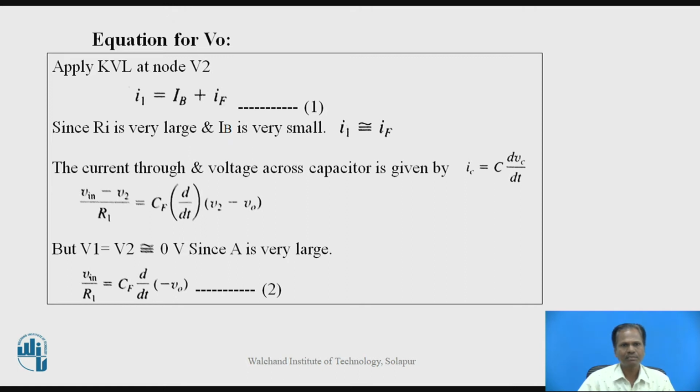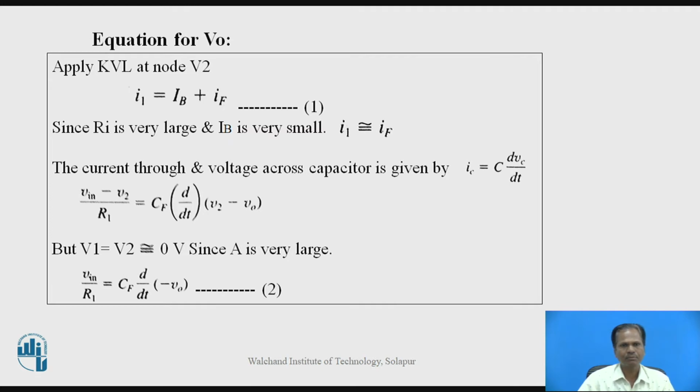Since input resistance of operational amplifier is ideally infinite, practically it is very large resistance. So current entering inside operational amplifier, that is the input bias current IB, is very, very small. So neglecting input bias current IB, current resulting due to input voltage signal, that is I1, is approximately equal to the current flowing through feedback capacitor CF.